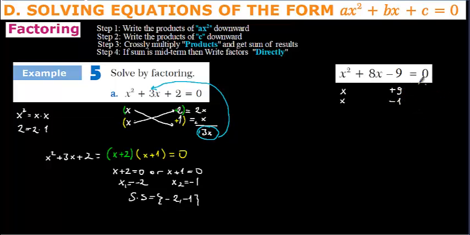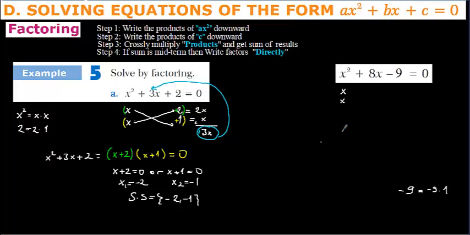If I choose different numbers, let's say minus 9 times 1, the result is not going to be the same.